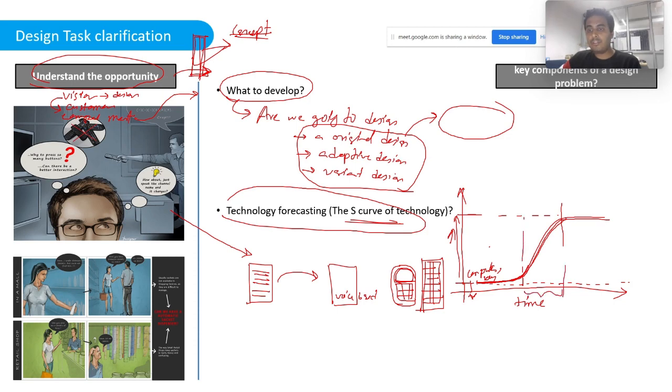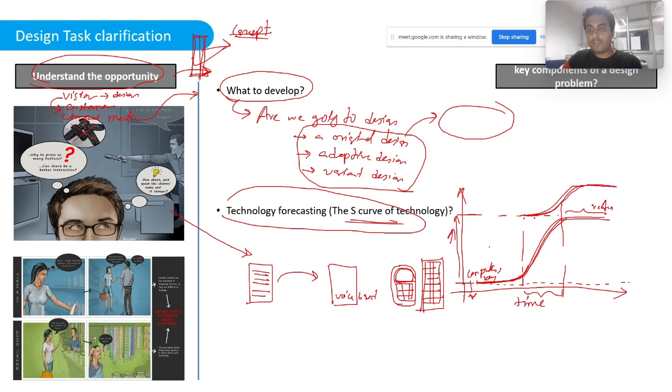Then slowly the use of tactile button based interfaces reduces, and now people are trying to incorporate new design interfaces, like in smartphones we have Google Assistant, and we have Apple Siri for voice based interactions.